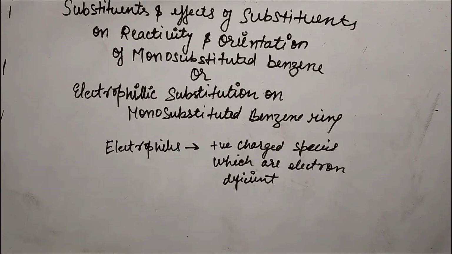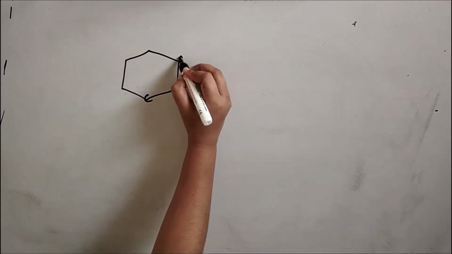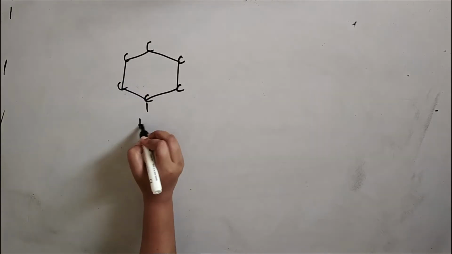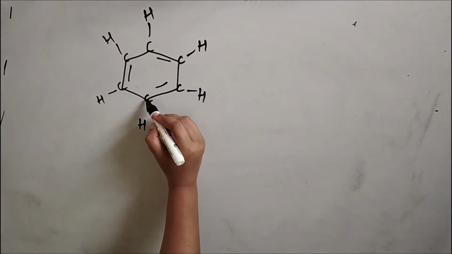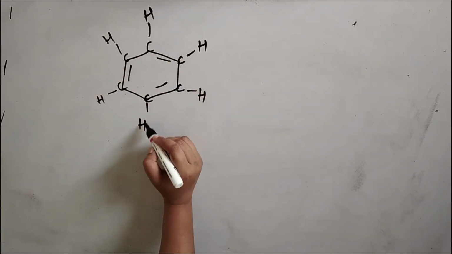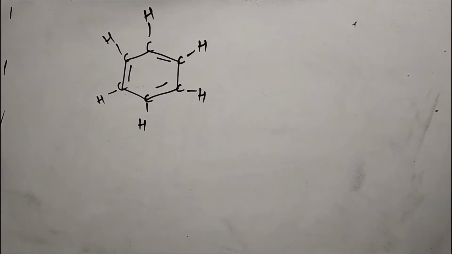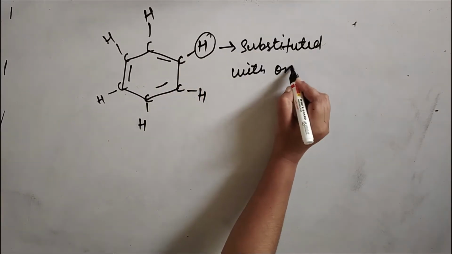Now let's see what a monosubstituted benzene ring is. As we all know the structure of benzene, it has 6 carbons and 6 hydrogens. Each carbon is present at the terminal and bonded with one hydrogen. In an electrophilic substitution reaction, this hydrogen is substituted with a functional group.